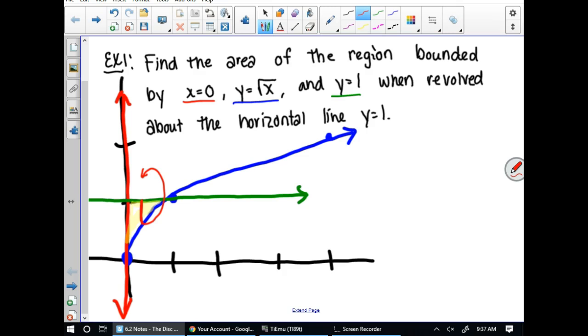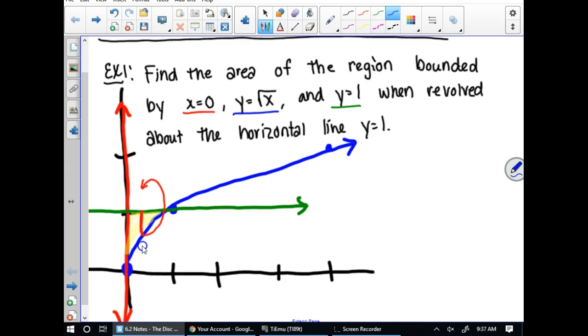So here is what is kind of difficult about these problems. When you look at this, if I ask you which line gives you the outside radius, which one is it? It's that blue line, right?